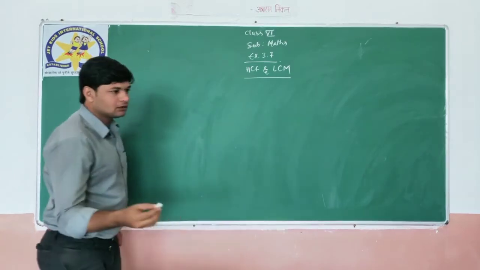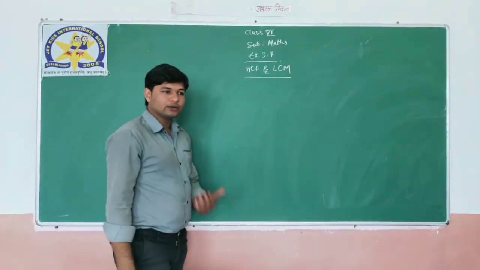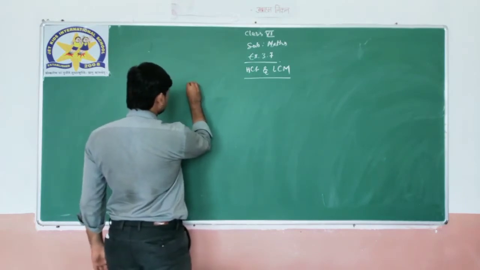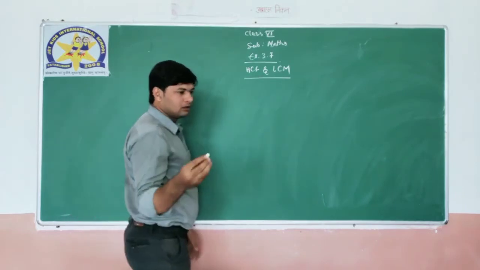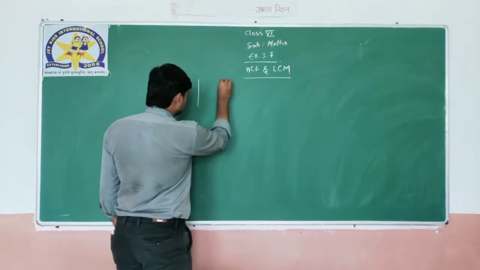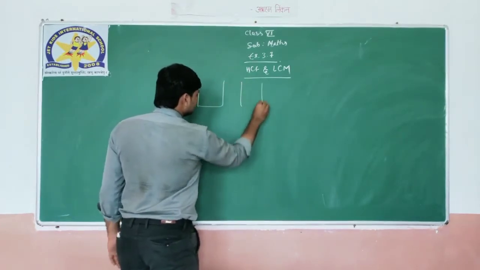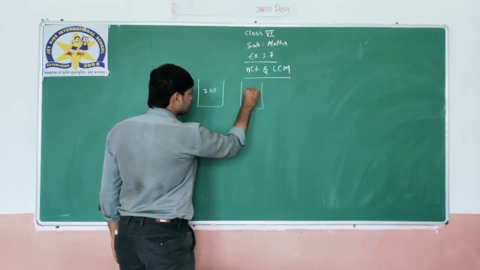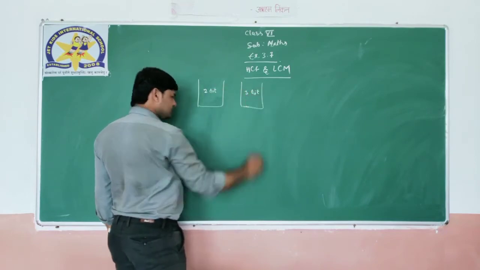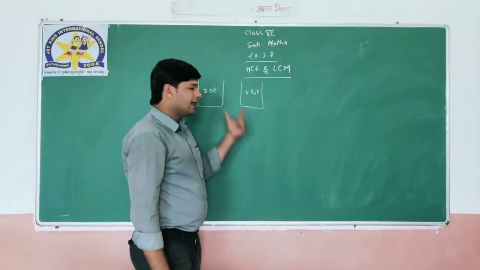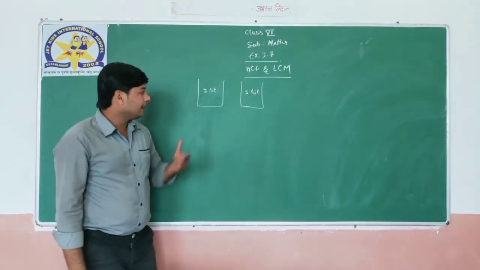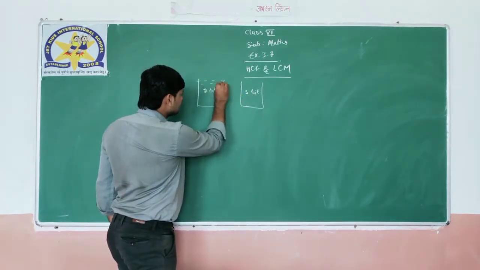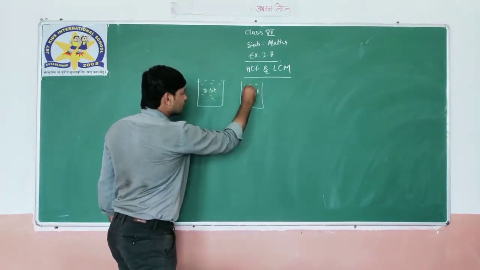For example, we are going to take two examples first. The first one: two containers are there, one of 2 liter and the second one of 3 liter, completely filled with some solution or, we can say, water.